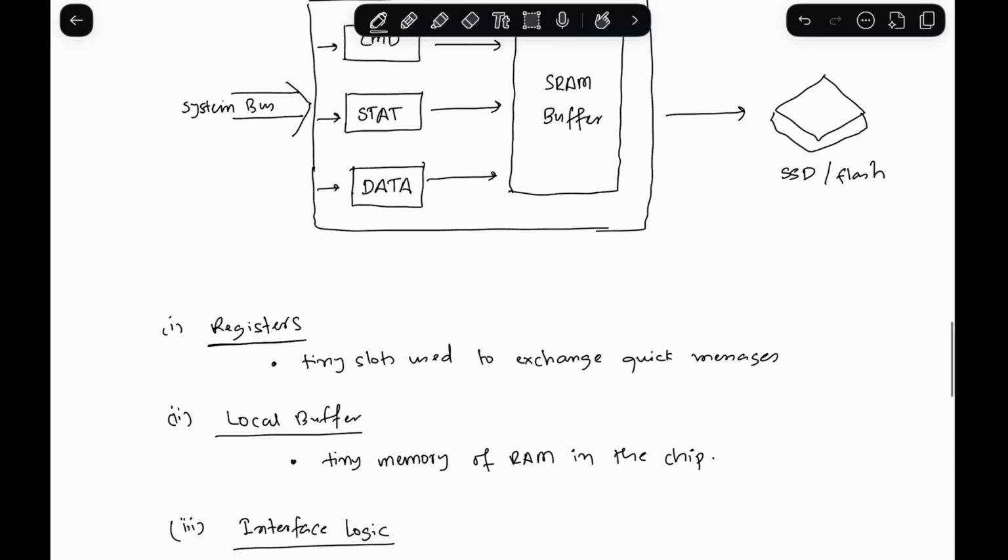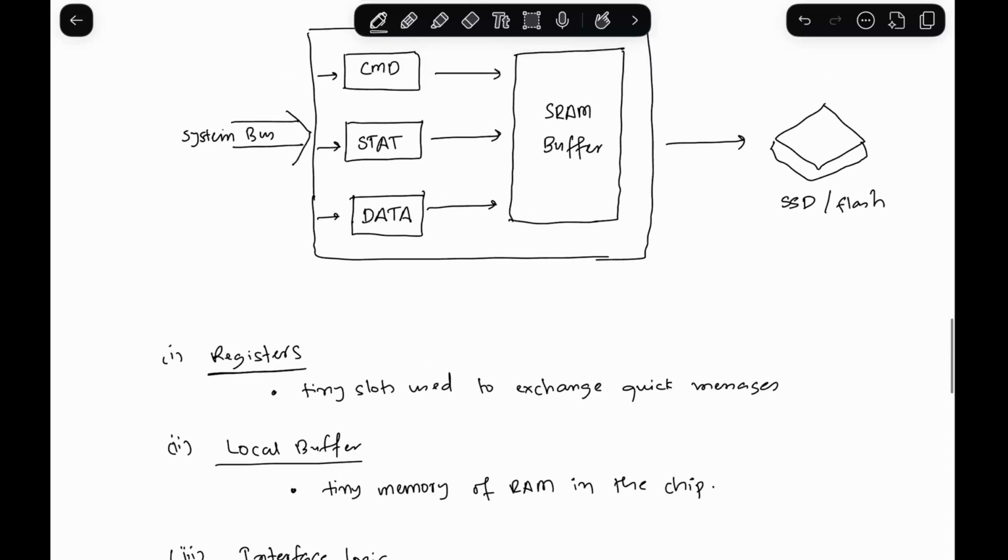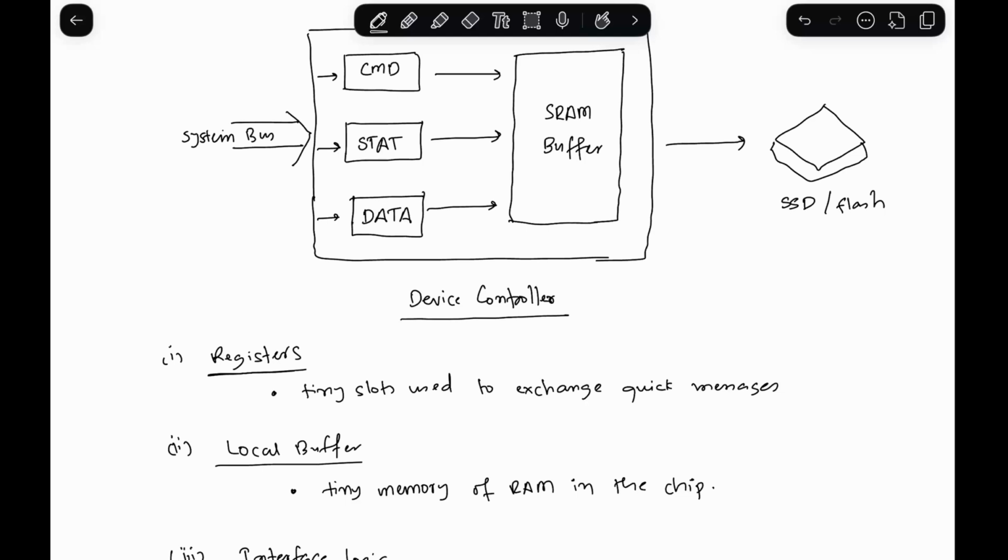Although you might not see it here in the diagram, it's actually present inside the device controller.